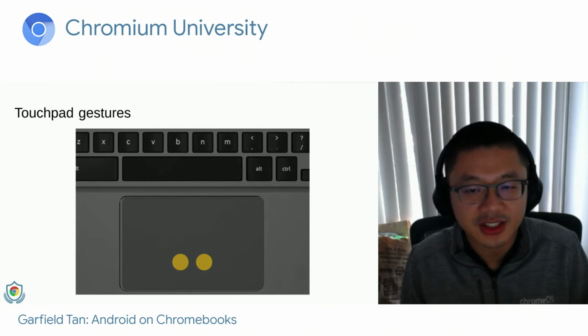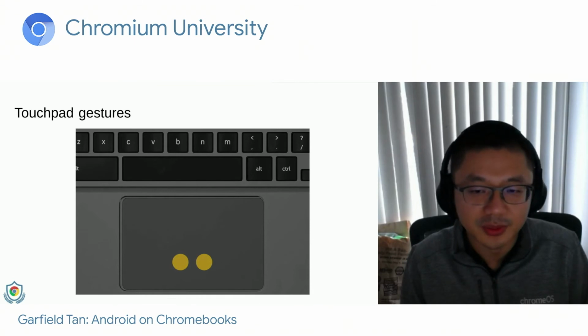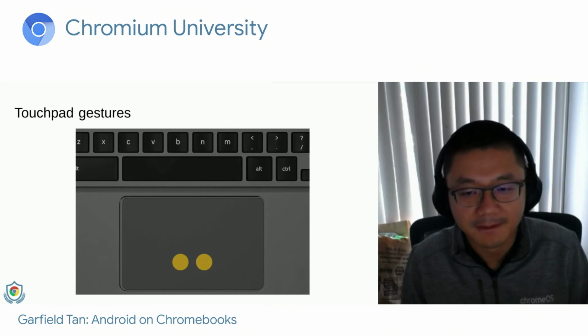Second, touchpad gestures should always be handled by the view under the mouse cursor, but touchscreen gestures can be handled by multiple views depending on the initial location of each finger. ARC++ tries to be as compatible with Android as possible to synthesize gestures for scrolling and pinch to zoom.